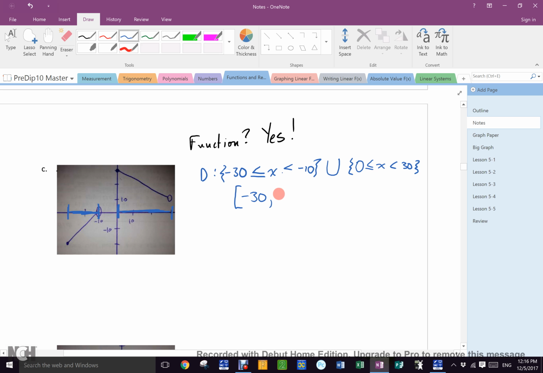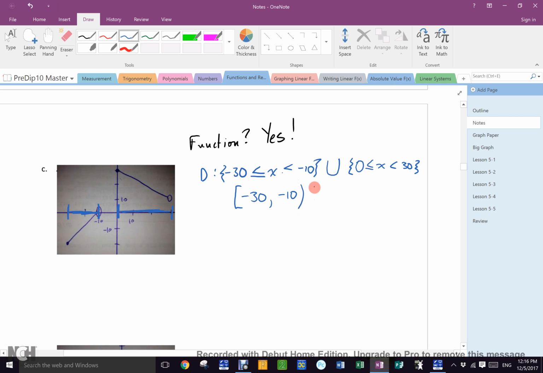Up to what? We are doing the range in interval notation. Okay, yeah. Negative 10.